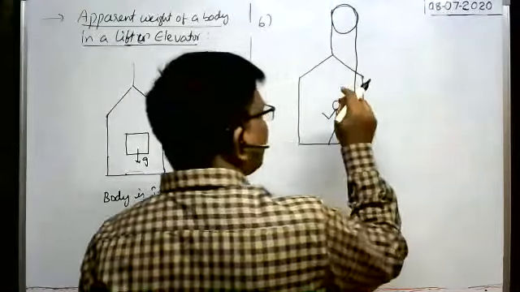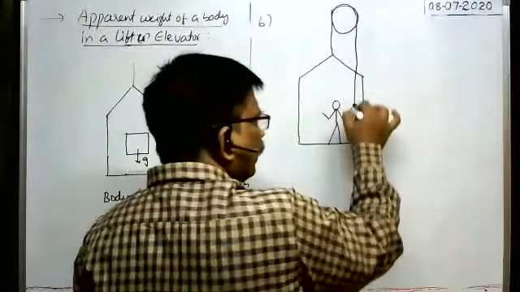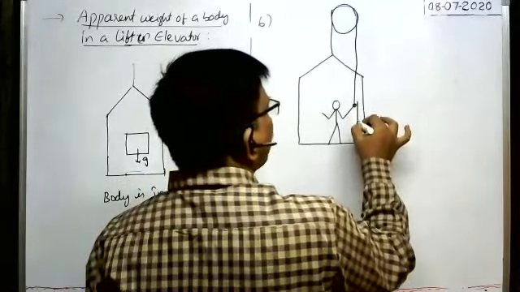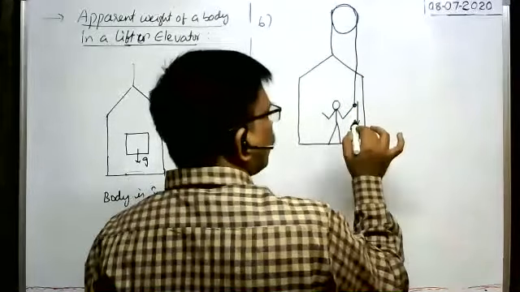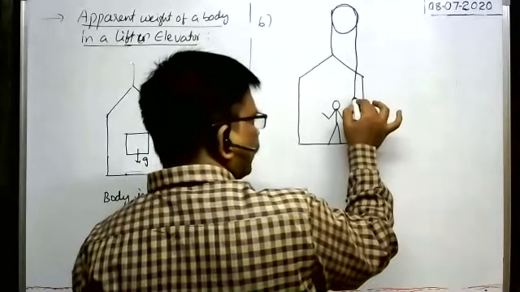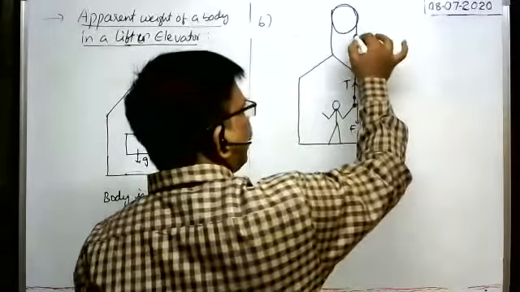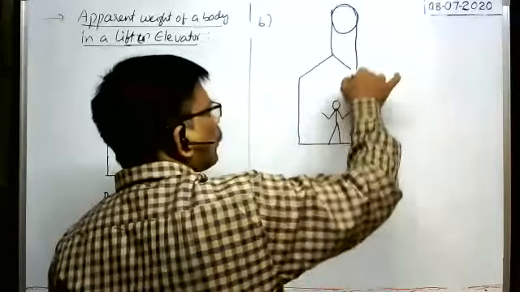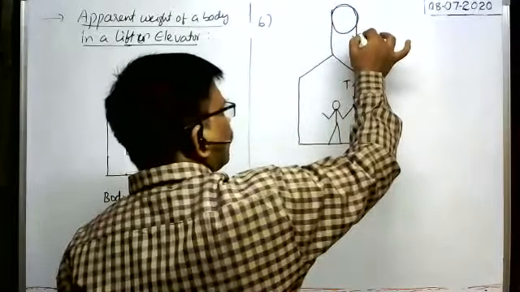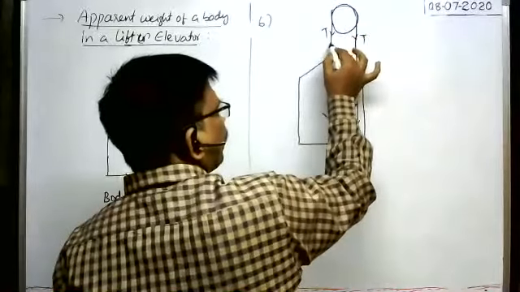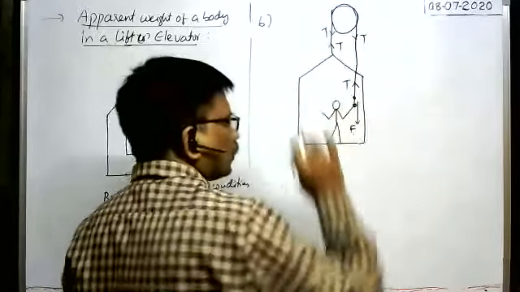He is pulling the rope in the downwards direction with a certain force. Then the same tension is developed in the rope in the upward direction. The same tension acts on the pulley downwards, and the same tension acts here in the downwards direction. The same tension pulls the elevator in the upward direction.